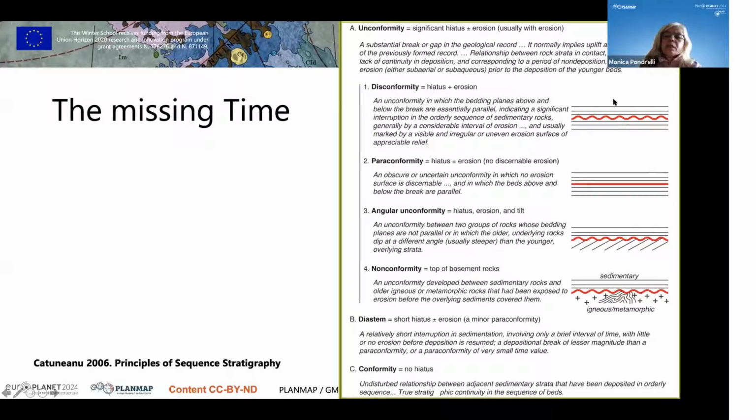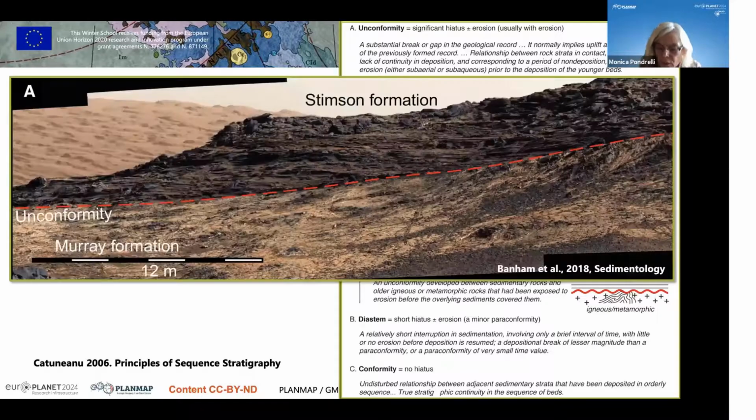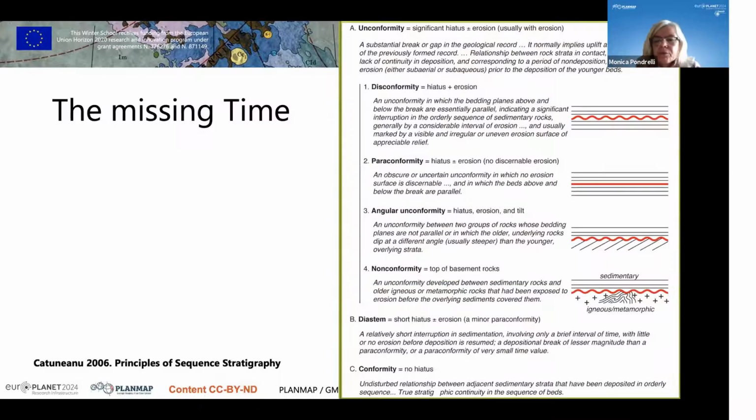If we have deposits with the same attitude above and below the surface where non-deposition and erosion occur, we have a disconformity. When we have the same attitude as before, but this surface marks a non-deposition, but maybe no erosion or very little erosion, this is a paraconformity. And then we have conformable layers, where there is continuity between the layers above and below.